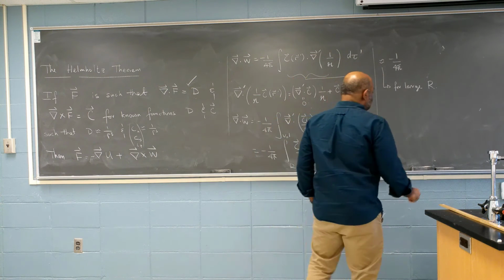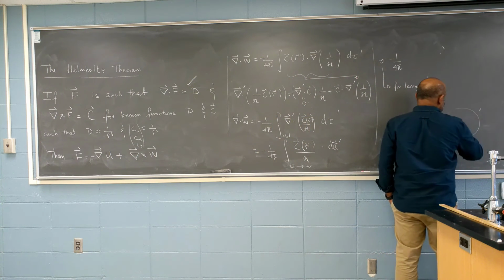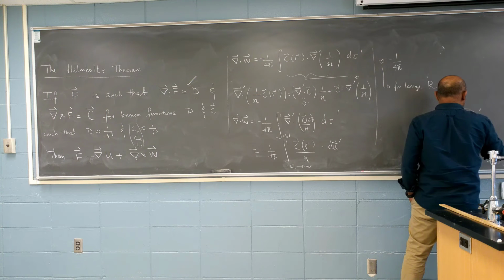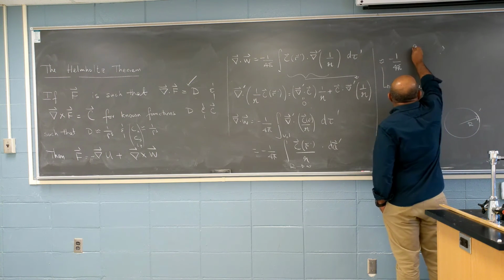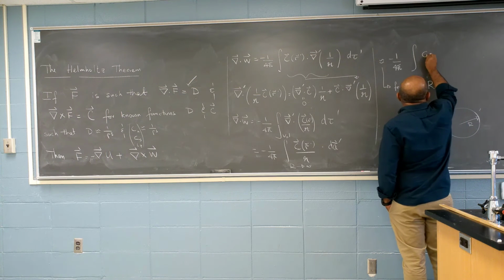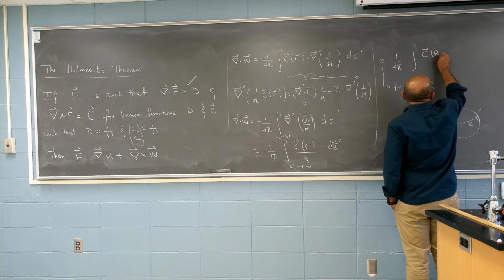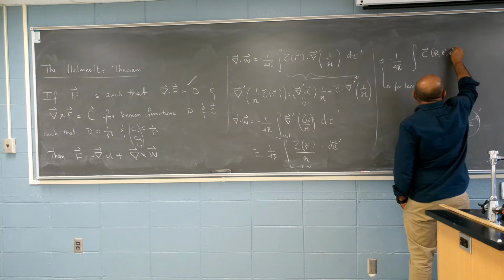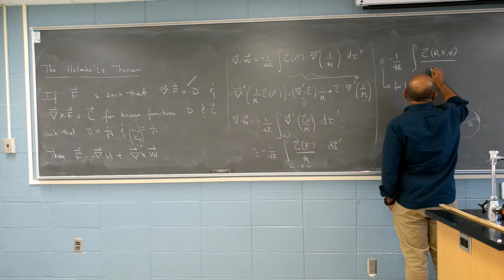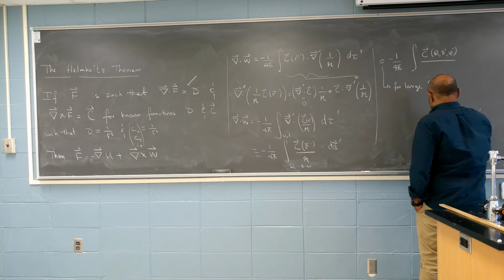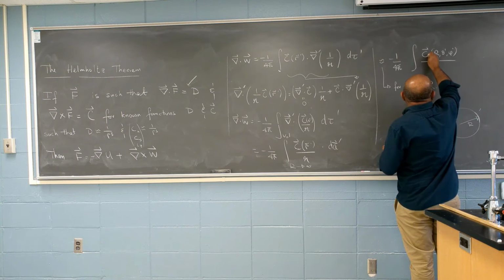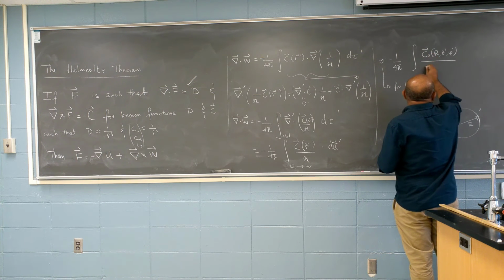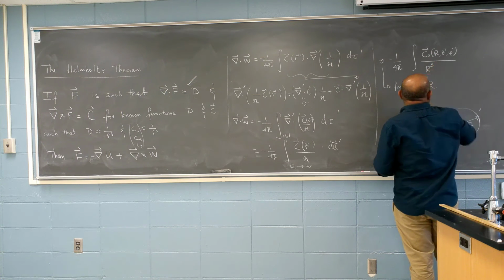So what am I doing here? I have a circle of radius R, and I'm integrating over here. So I would get C of R, theta prime, phi prime over, well, that is some constant vector, some C0, and over R cubed.